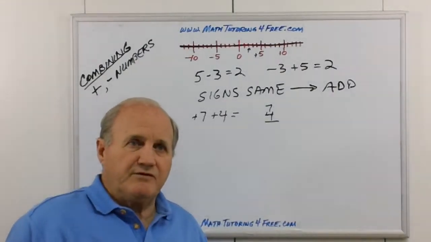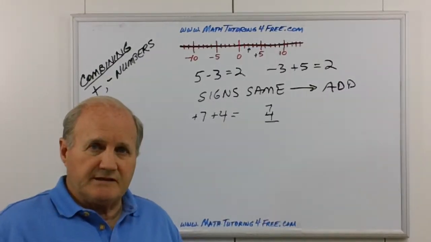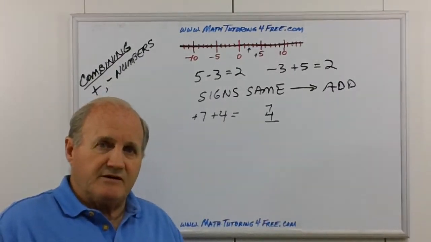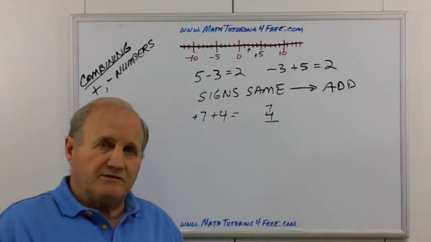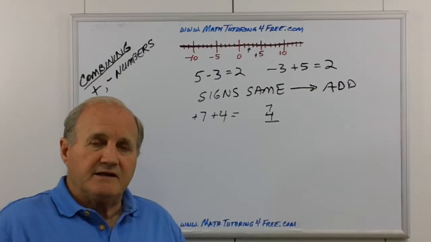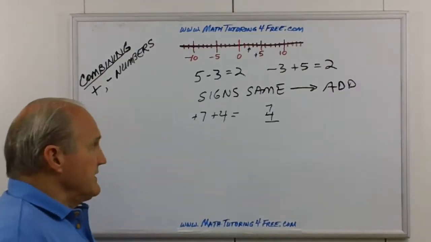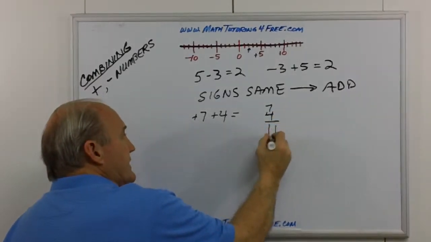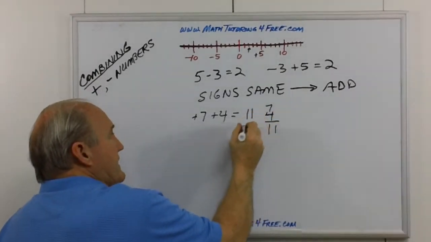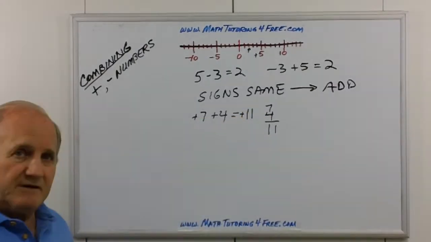I'm not sure if you have run into that term, but absolute value means the value of the number without the sign. So it doesn't matter whether it's a plus or negative 7, the absolute value is 7. Same with the 4. So in this case, we're going to add, we're going to get 11. And since these were both positives, we know it's a positive 11.